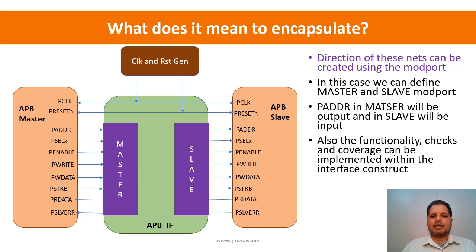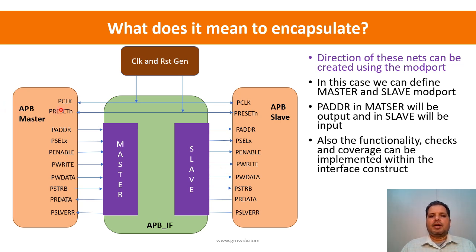Let's close on the problem statement now. As we saw in the previous slide, we had an APB master and an APB slave, and we were connecting them together. If we dissect this further, we have some level of ports that are available on the APB master. If the APB master were a module, these would be the ports available on it, and these on the right-hand side would be the ports available on the APB slave design.